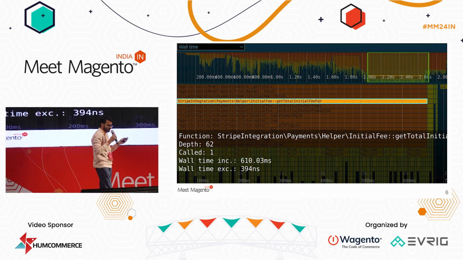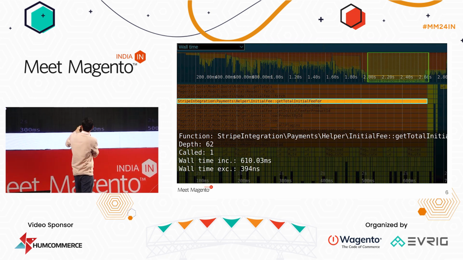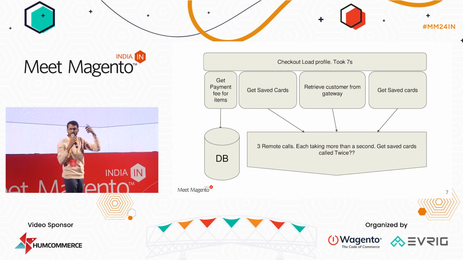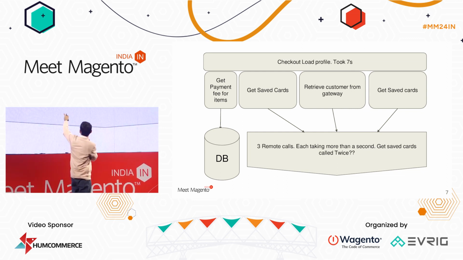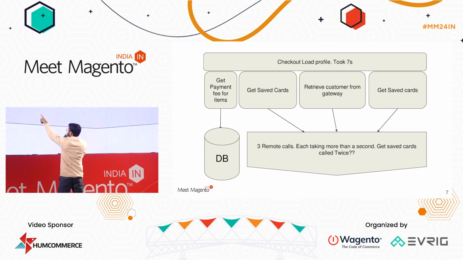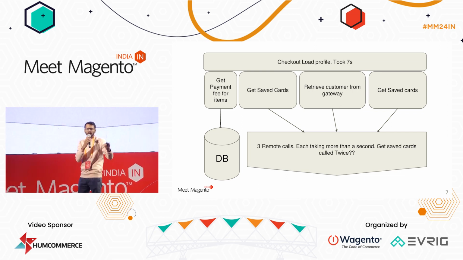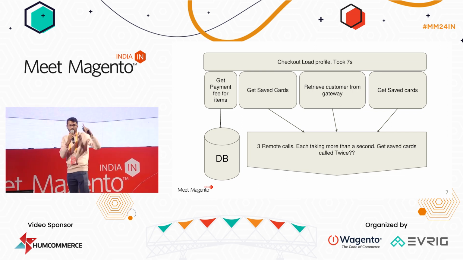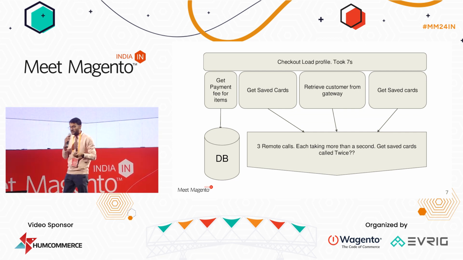Now, at this point, I zoom in on each block, and this is the mental picture I have. After having collected the information, in the next 5 minutes, this is what I see. Checkout load takes get payment fee for items, which calls the database quite a few times, 40 times, apparently. That tells me how the number of items is affecting performance.